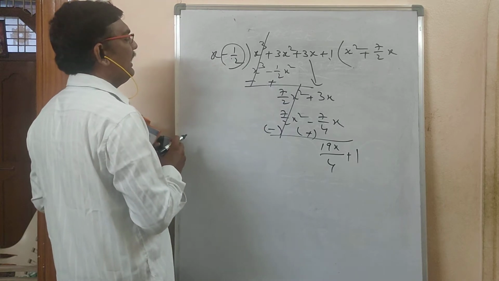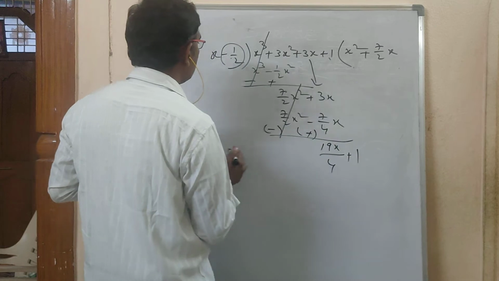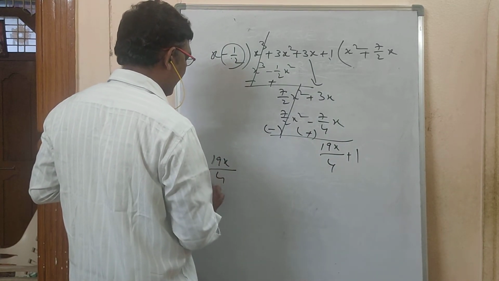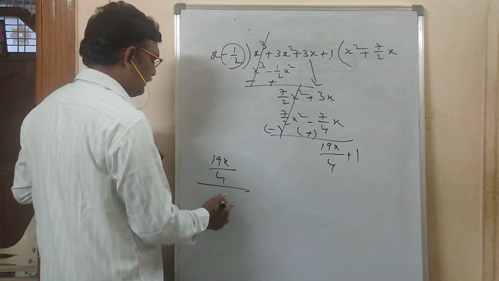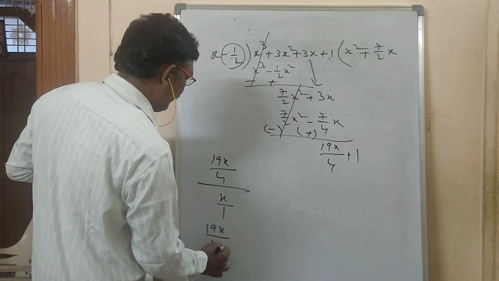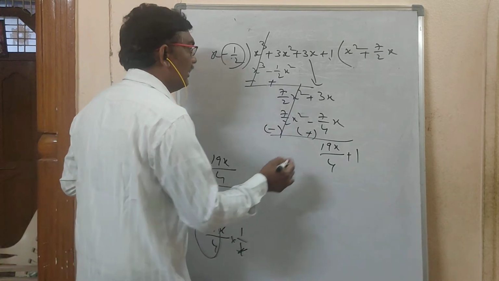Then again here x is there and 19 by 4x is there. I said first term 19x by 4 divided by x. x by 1 if it goes to the top, 19x by 4 into 1 by x, x cancelled. What do you have here? 19 by 4.